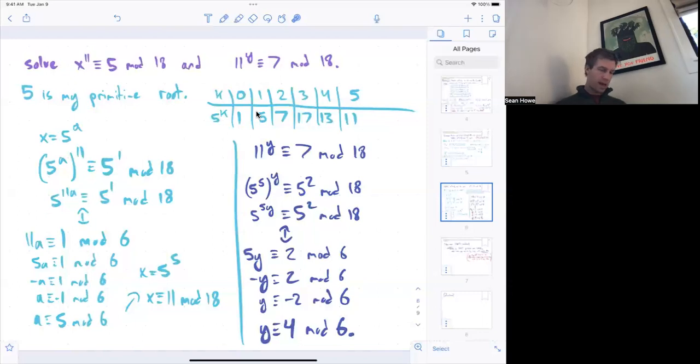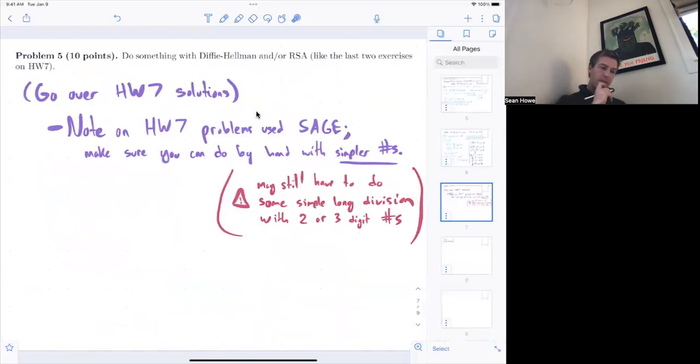Okay, so moving on then. The last problem asks you to do something with Diffie-Hellman and/or RSA, like the last two exercises on homework 7. Those are probably pretty fresh in your head since you turned it in last night. So rather than write out a new problem like that, let me just go over the solutions on homework 7.